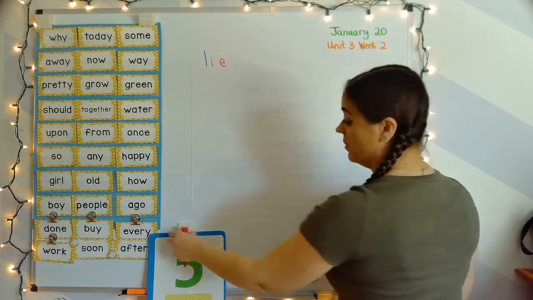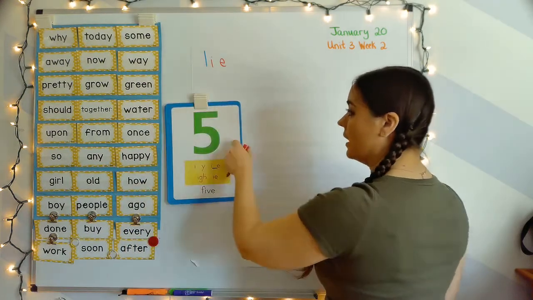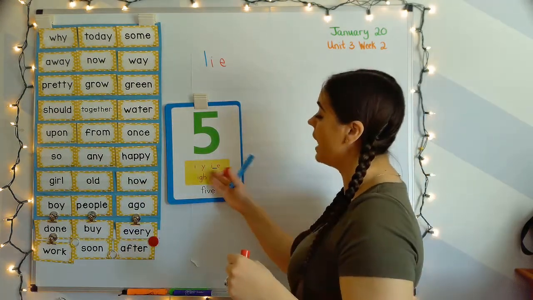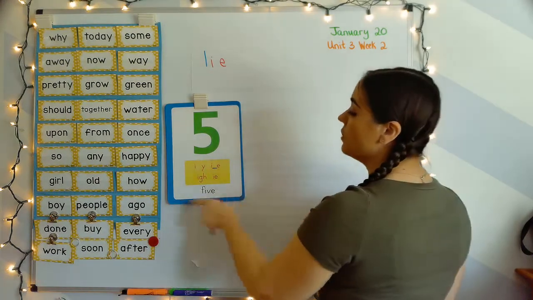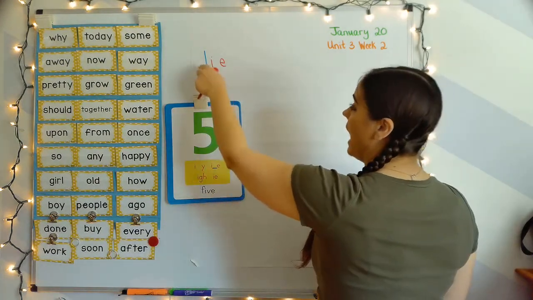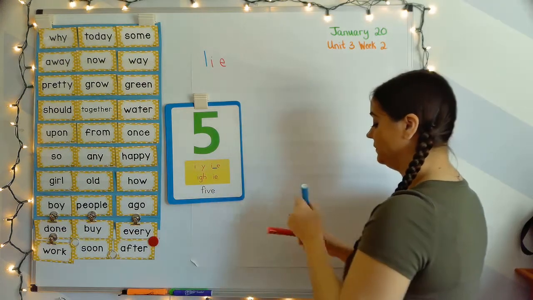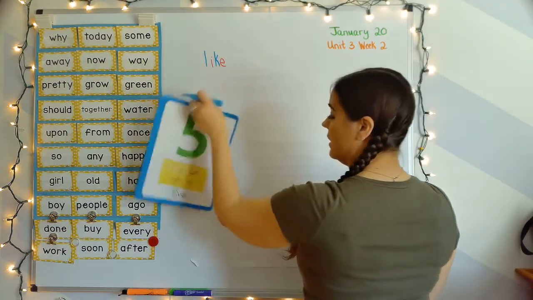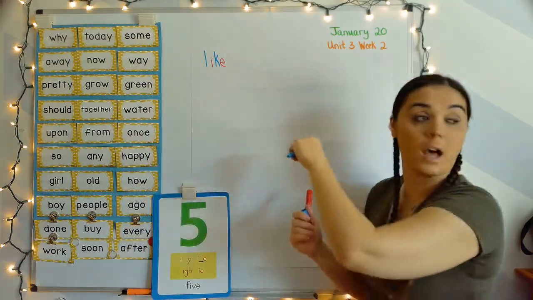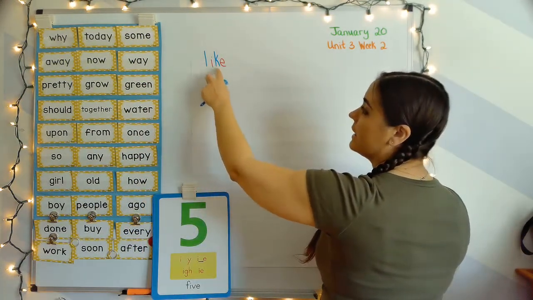But now we have another tool in our back pocket, the I blank E spelling of the long I sound, which says I. I, like. And K says ka. I, like.